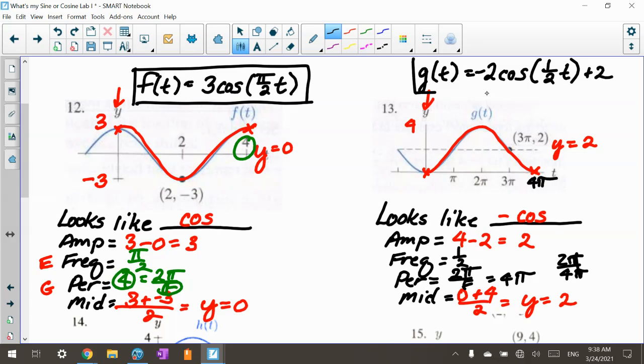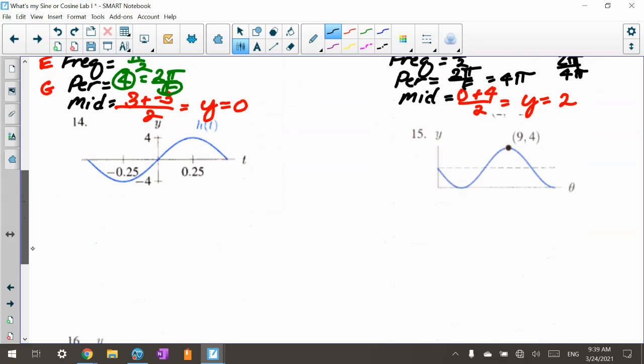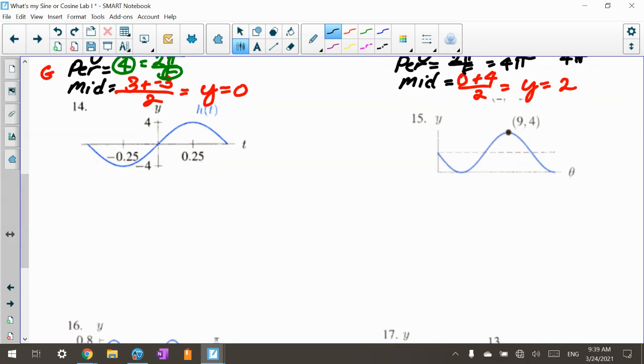So this one has been reflected, stretched by 2, and then it's also been stretched horizontally because I only see half of it, and my midline, so I've been shifted up 2. So that's what's happened to that one. Okay, so that's 12 and 13. Let's see if we can do 2 more on this video. All right, so here I have this graph. It looks really weird. And before I start, I'm going to set up looks like.